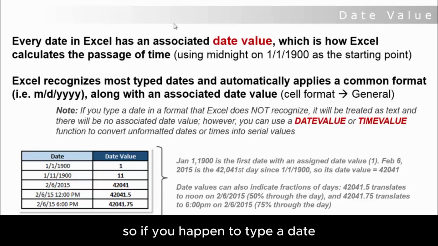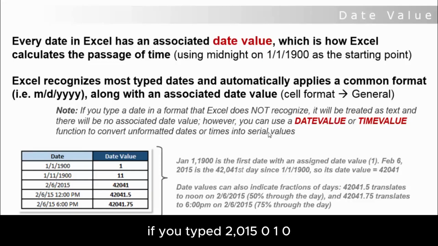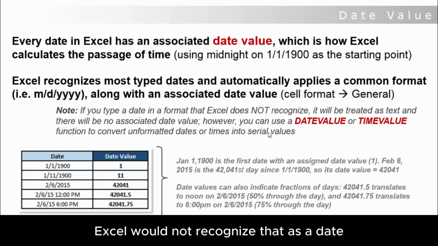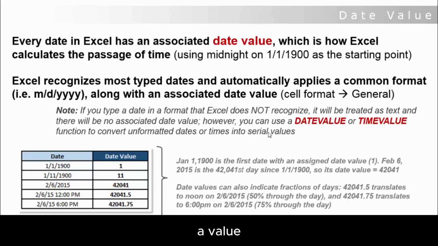So if you happen to type a date that Excel doesn't recognize, one common example that I've seen is if you type a series of numbers like year, month, day. So for January 1st, 2015, if you typed 20150101 with no dashes or slashes, Excel would not recognize that as a date, and so it wouldn't apply an underlying date value, and it would treat it as a text string, or in this case, value.